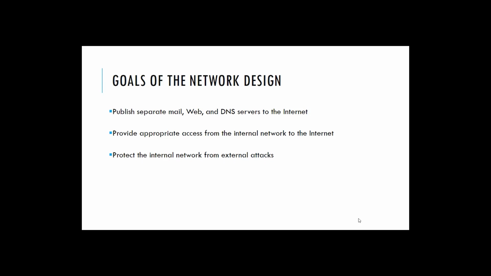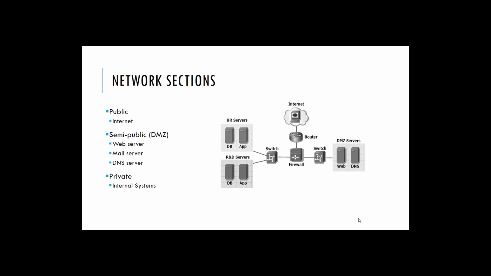You should protect the internal network from external attacks. External attacks can come from the internet, and attacks can also be internal, from other people inside your network who are accidentally, intentionally, or wicked enough to attack your resources over the network.